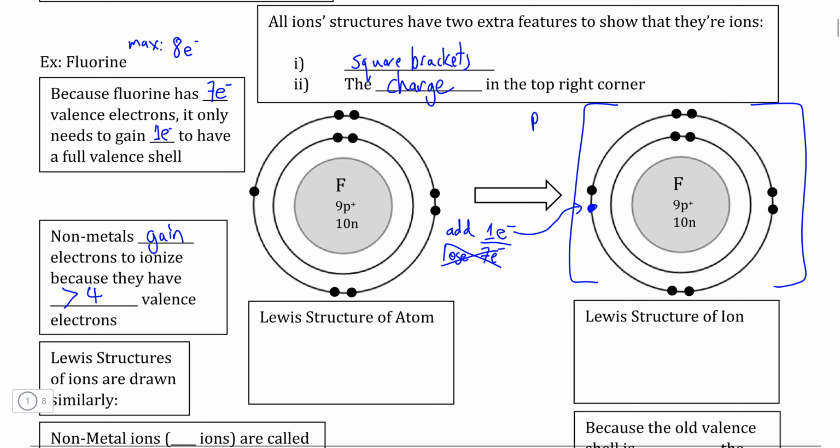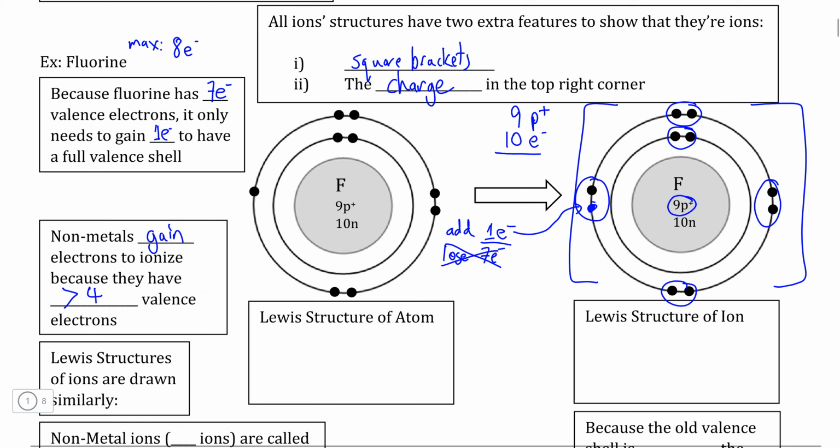Number one is we simply count the number of protons and the number of electrons that an element has. Since the number of protons is in the nucleus and the nucleus is not affected by changes in the valence shell, fluorine will have 9 protons. Now, if we count the total number of electrons, 2, 4, 6, 8, 10, because of the one that we added, we can see that fluorine now has more electrons than protons.